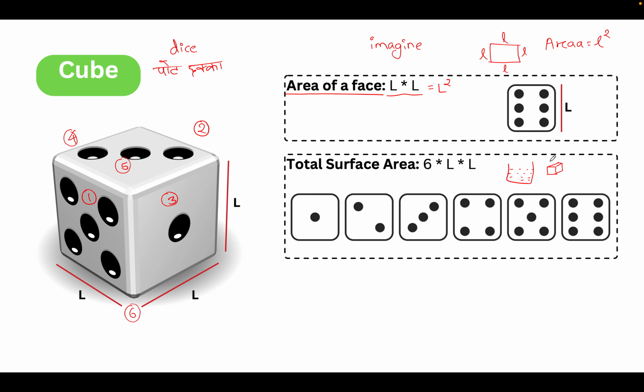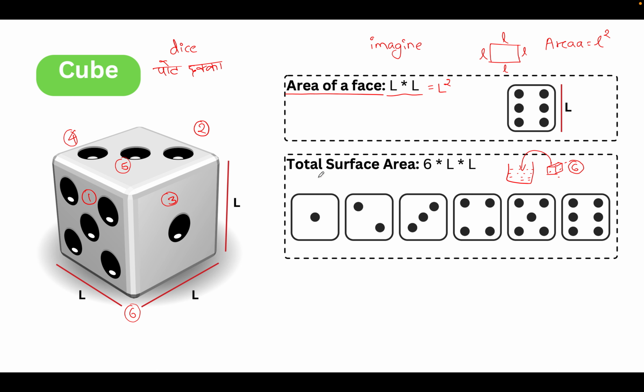If we put the cube in this color bucket, the color will get onto this side, this side, this side, this side, this side, this side, total 6 sides of the cube. So total surface area is how much area of the cube the color applies on.